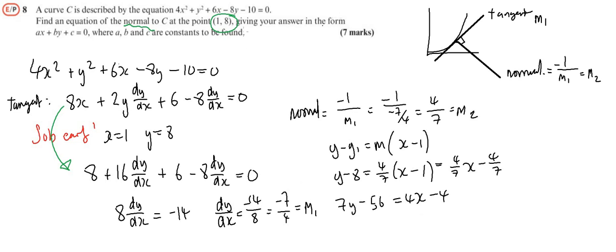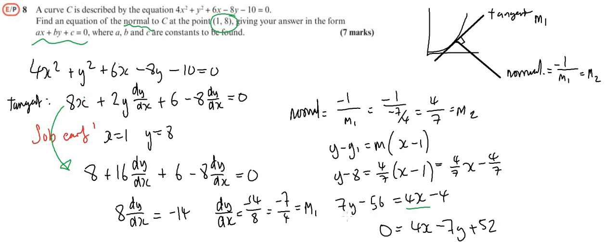Now, it wants me to write this as ax plus by plus c. So I'm going to write this with my ax here. So I have got 4x, I'm going to take away the 7y, minus 7y. And now I've got to add 56 to this, so I'm going to end up with plus 52.